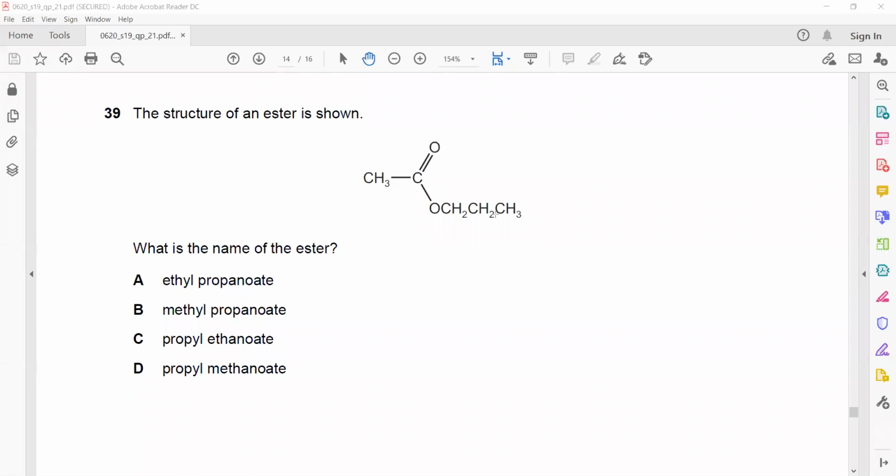So first we name this part and then the main chain. What is the name of this ester? Because of 3 carbons, this is a branch on the right, and on the left hand side we have a chain. So it is propyl ethanoate.